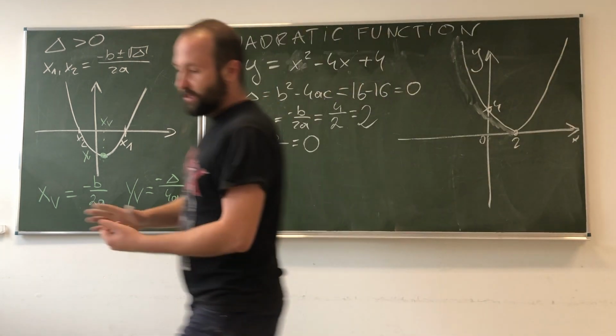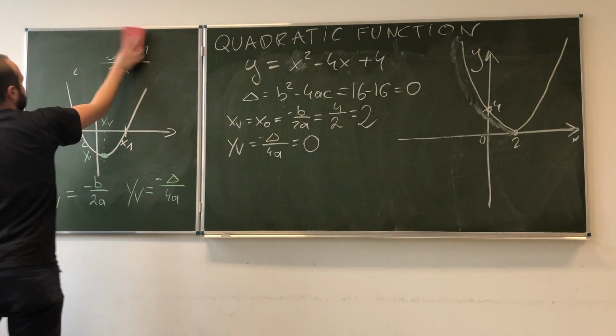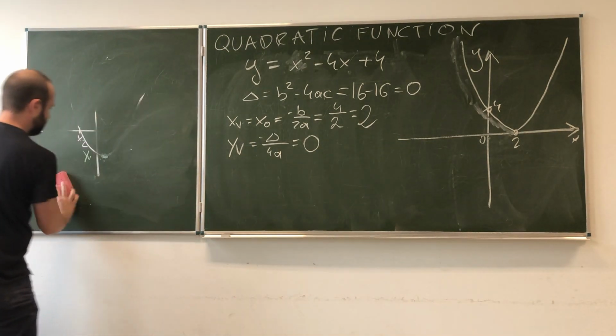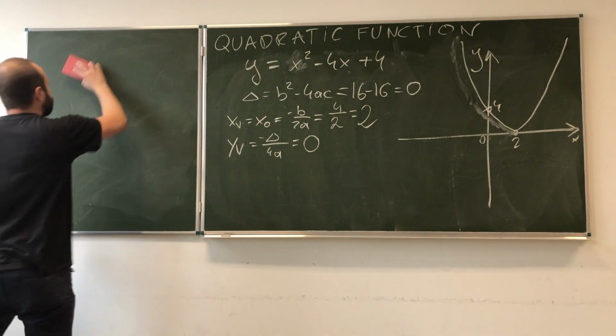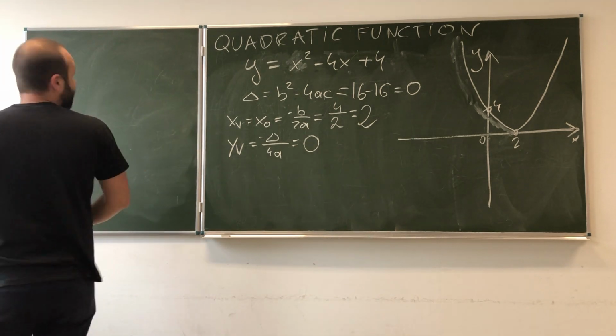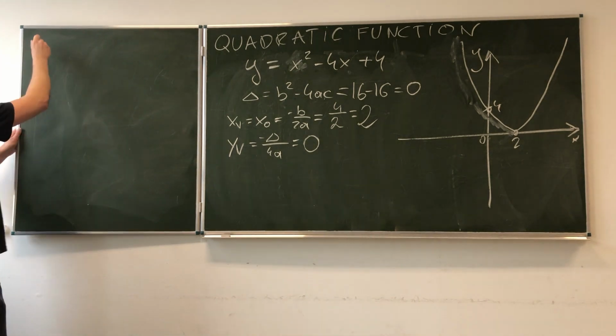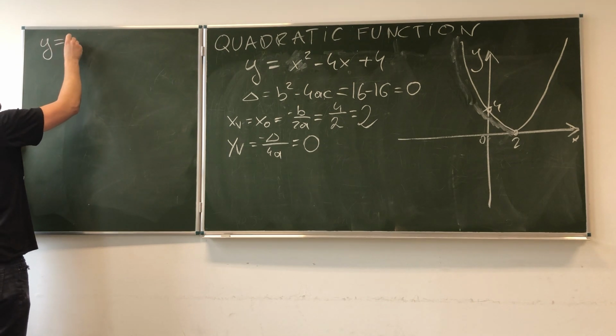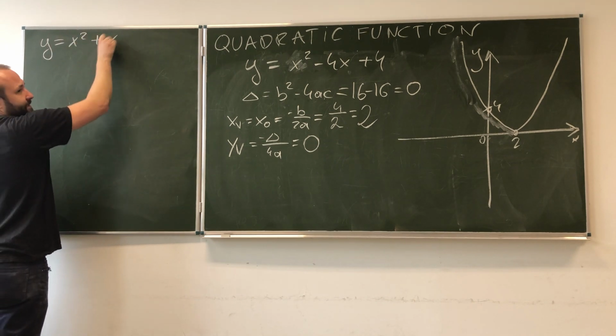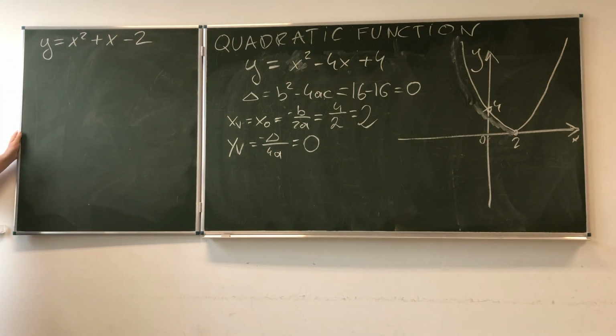Okay, let's just do another example. In the second example, we will have y is equal to x squared plus x minus 2. So let's approach this the same way.